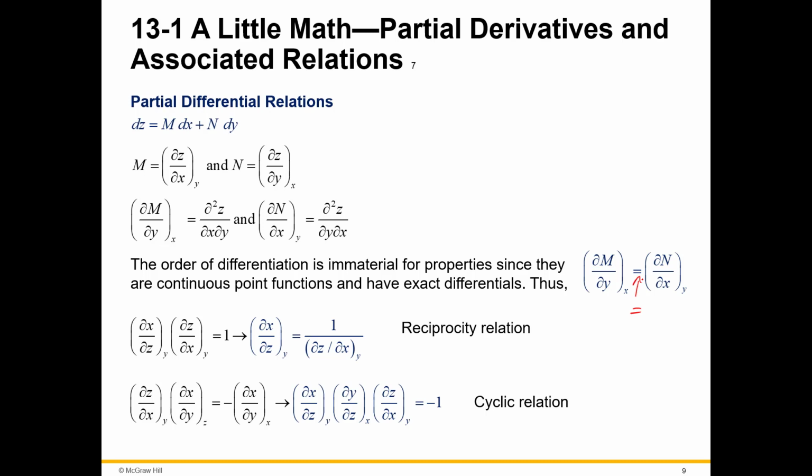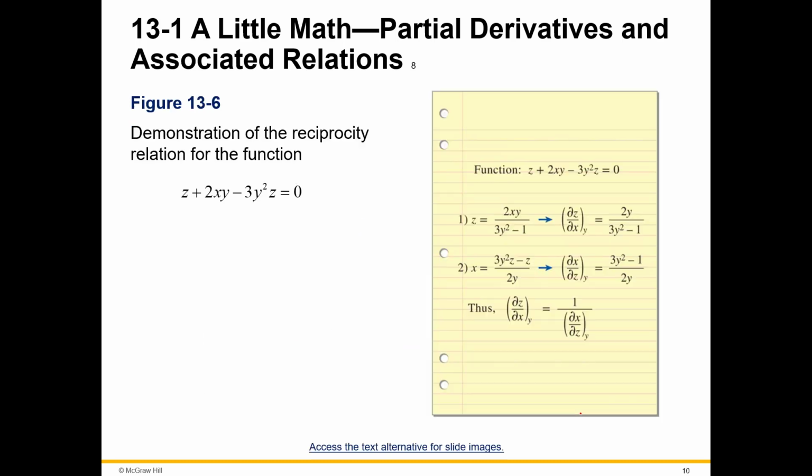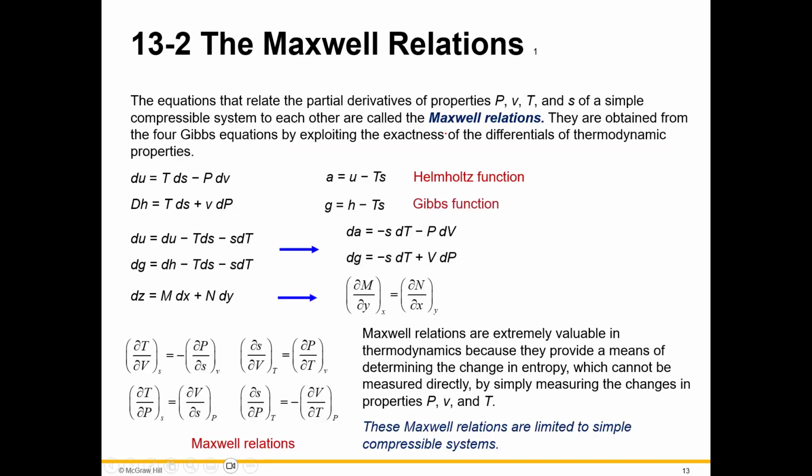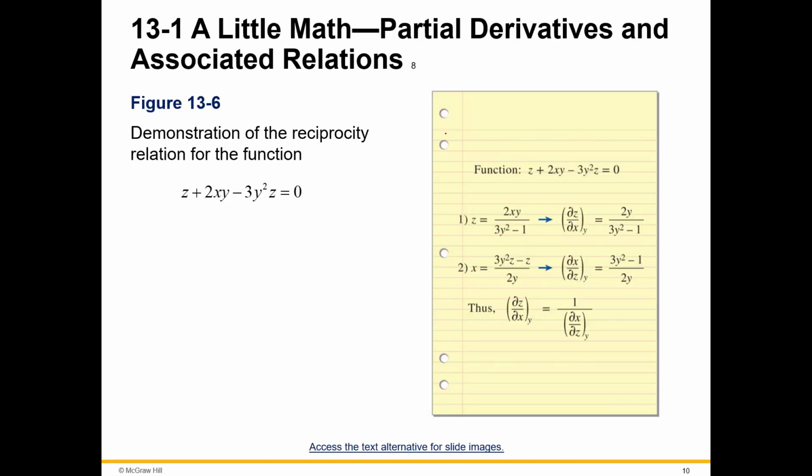Okay, and then it does give it to you on a reciprocal relation right here, and then a cyclic relation. So here's this function as well, and you can give it on a... I'm just putting all the way back. Okay, so here's the function.